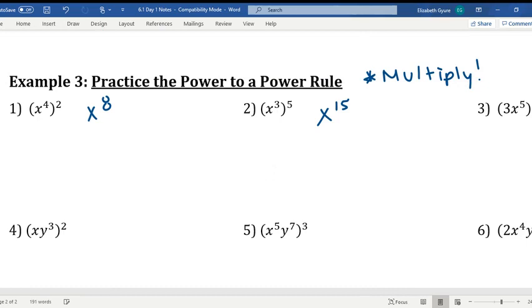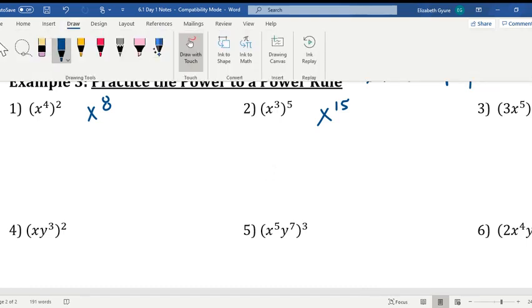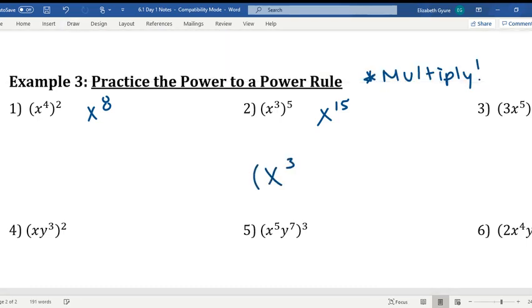So let's try this one more time. If I have x to the third squared, raise them high and multiply. Hannah, what do you think that would become?